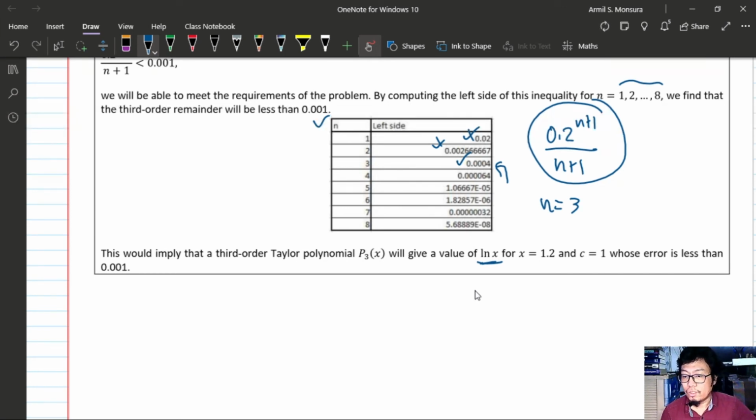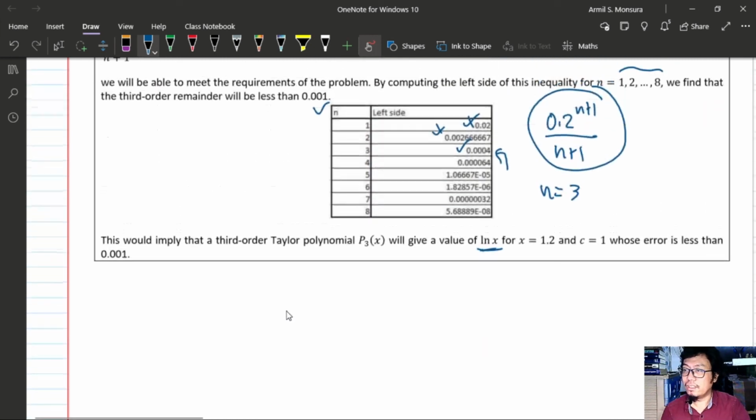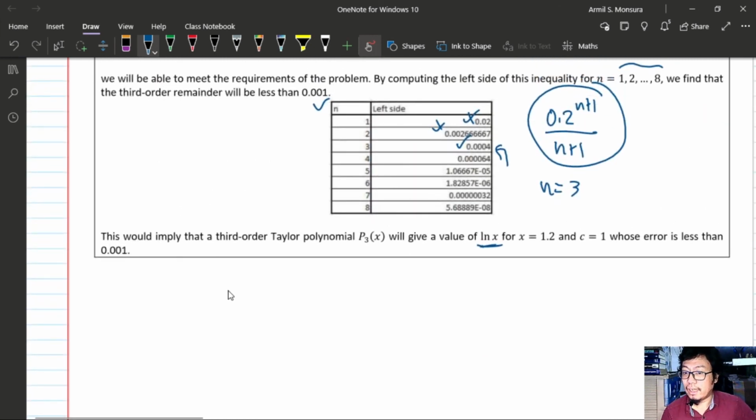You can actually try that by trying to write a third order Taylor polynomial for ln of x. So your f of x is ln of x, its first derivative is 1 over x.